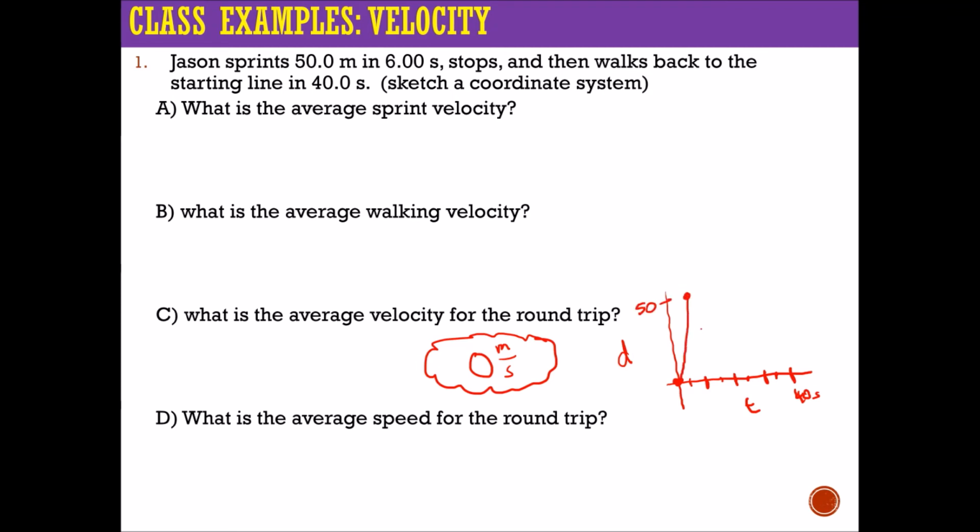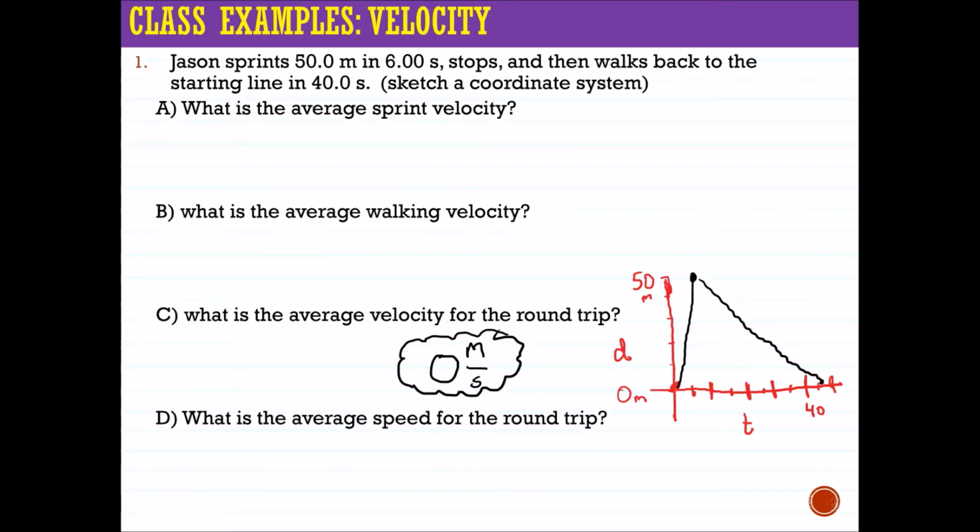So he has a high velocity. Then he stops and he walks back to the starting line in 40 seconds. So that puts him at 46 seconds over here. Now, granted, he's going at a constant velocity and he ends up back at his starting position at 0 meters. You can see that because his final position was the same as his initial position, his average velocity for the entire trip is 0, a flat line.